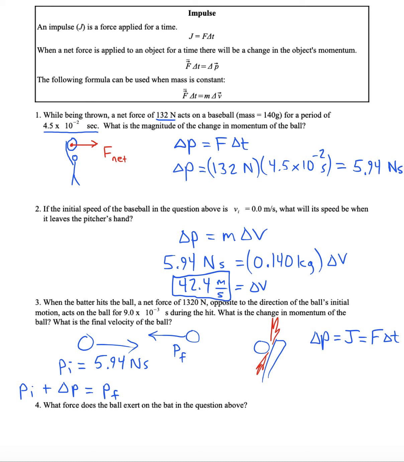However, in this type of problem, we want to be very clear about the direction, and we want to consider the signs of everything, because momentum is a vector. So let's go through here and put a little x on each quantity. That'll make it clear that we're going to now include the signs in everything that we do.